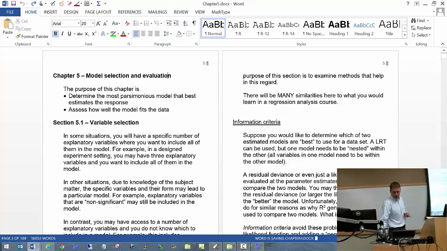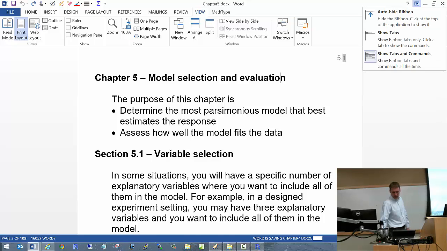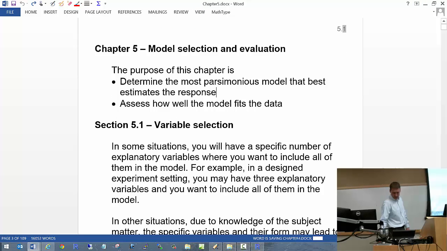Okay, so let's go into chapter 5. This is the second longest chapter in my book. So it's going to take us some time to get through. I'm not for sure if we will have a project corresponding to it.